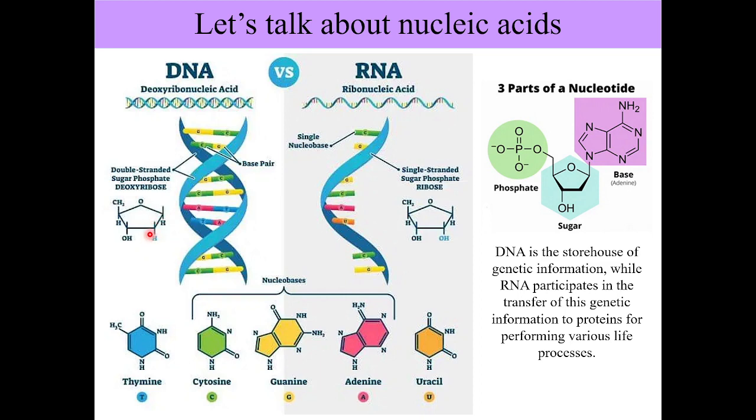In the second carbon, instead of OH, there is a single hydrogen in DNA. This makes DNA less reactive, and that is why DNA is more stable compared to RNA. We will look into that very soon.